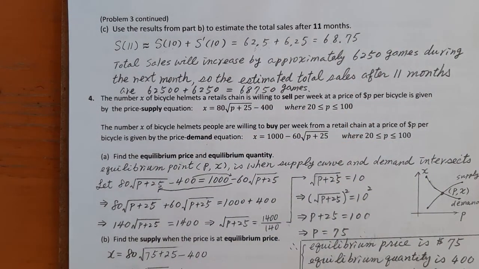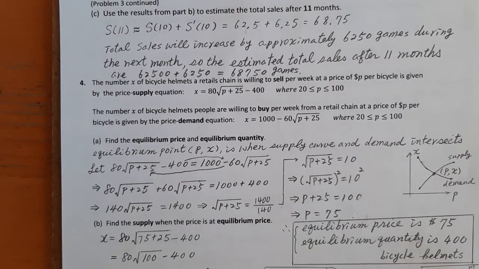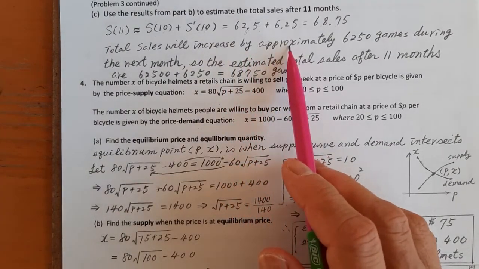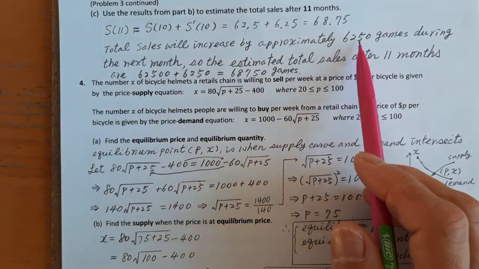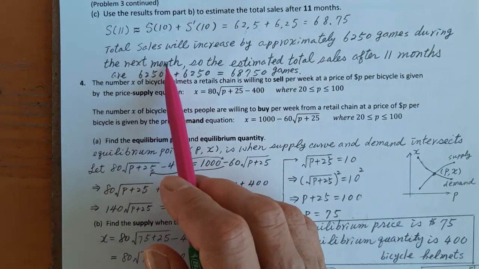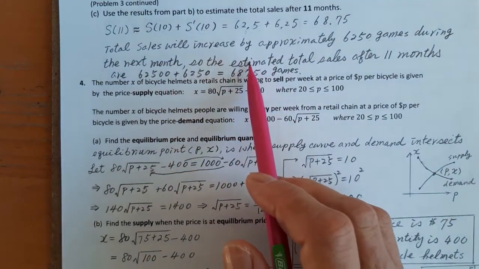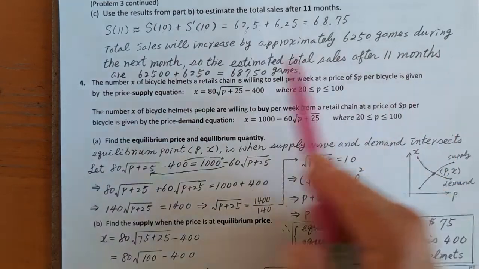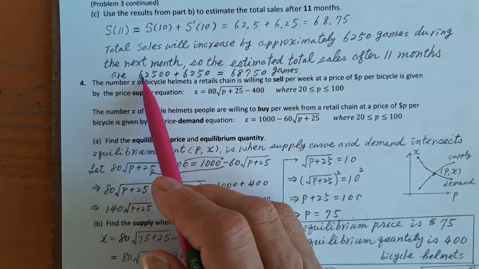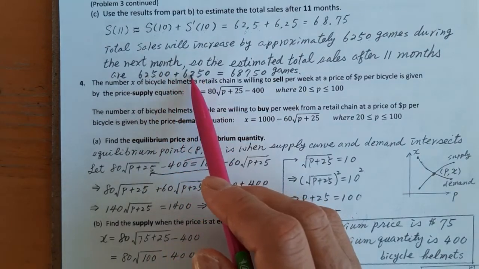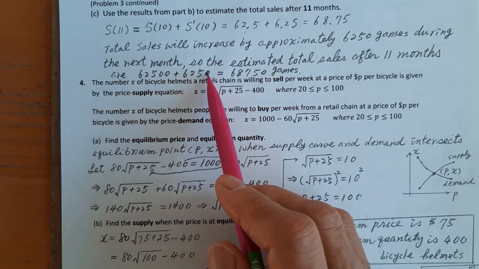So then you will say the total sales will increase by approximately 6,250 games during the next month. So the estimated total sales after 11 months are 62,500 games plus the increase of 6,250 games.